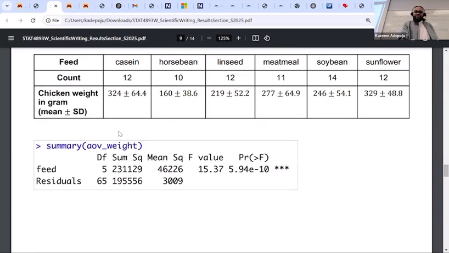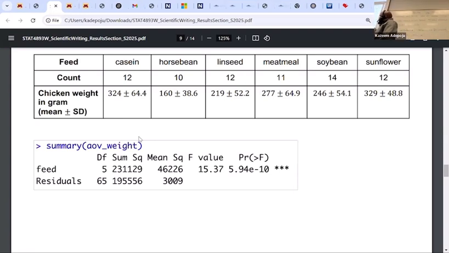Now, in the inferential part, what we want to do is conduct analysis of variance. If I want to compare means, to test whether the means are the same, and the number of population groups is more than two, and provided assumptions hold, we use analysis of variance, as given by Ronald Fisher.